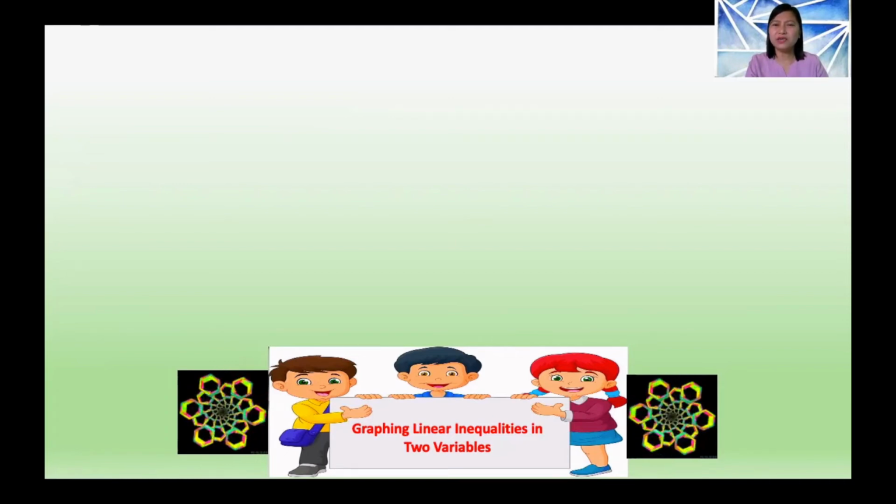Just like a linear equation in two variables, a linear inequality in two variables has an infinite number of solutions. What about its graph? And how do we graph such a mathematical sentence?